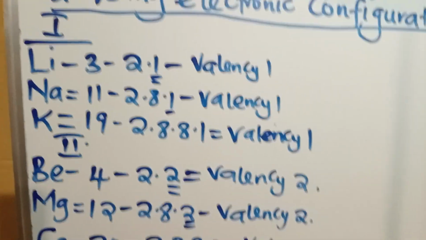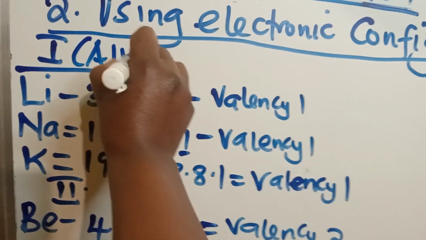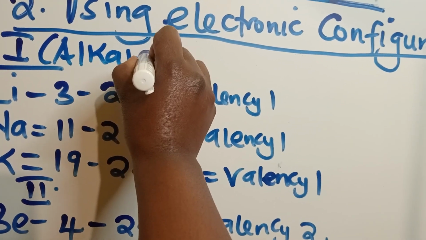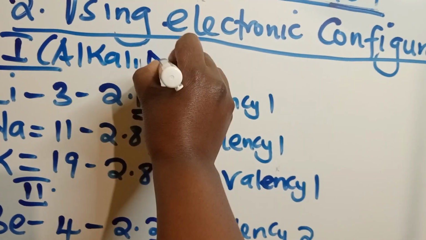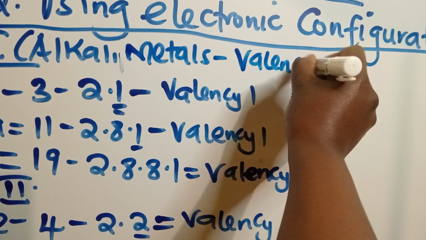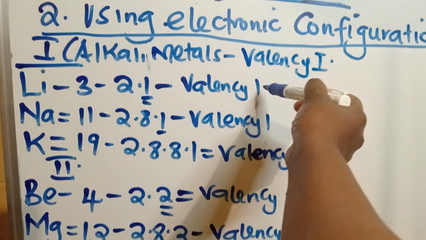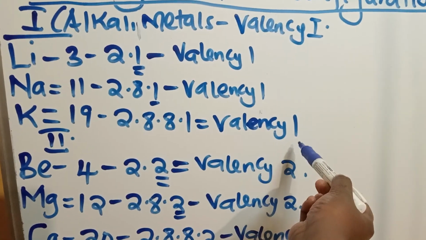So in other words, we can have a conclusion that these ones, being the alkali metals, they all have valency of 1, so now that they all are losing 1 electron.